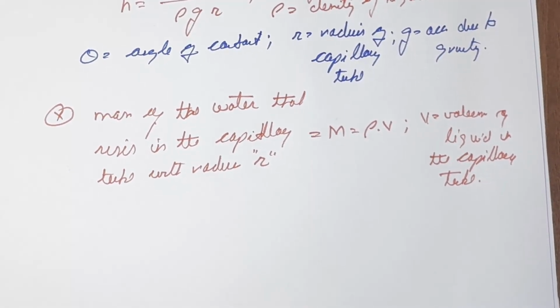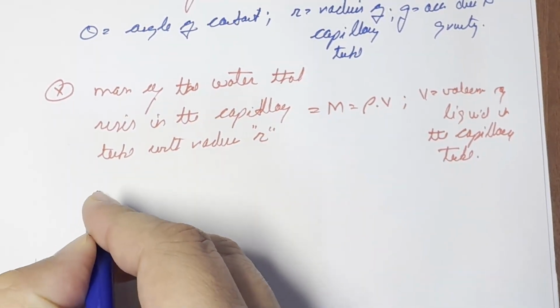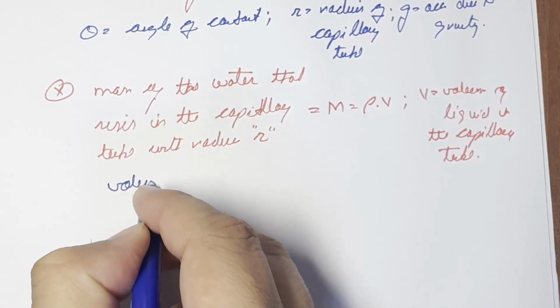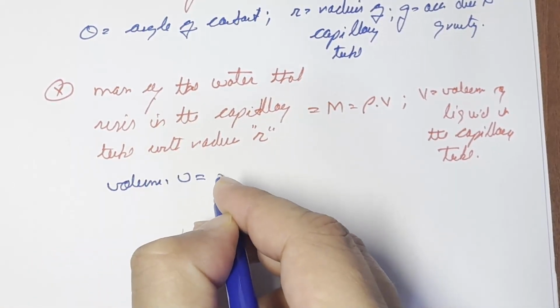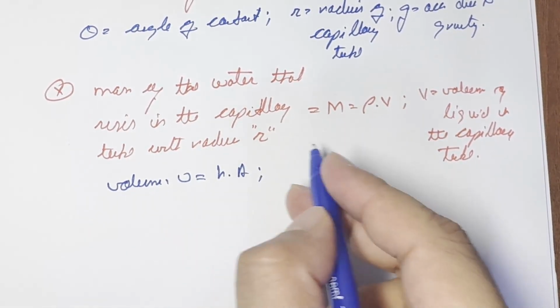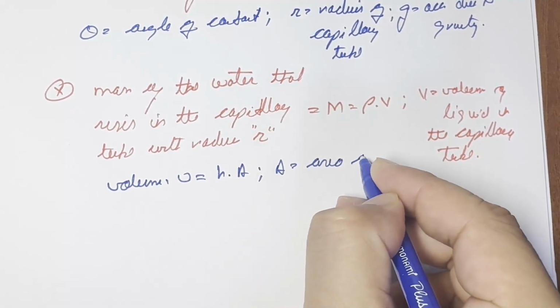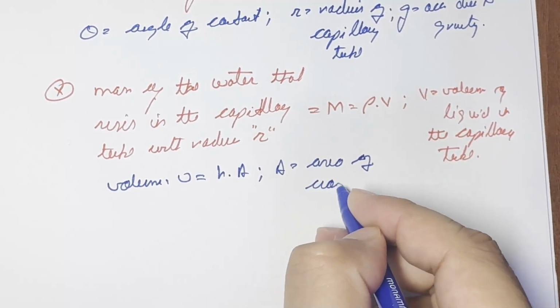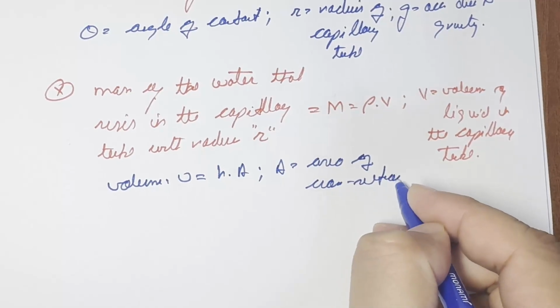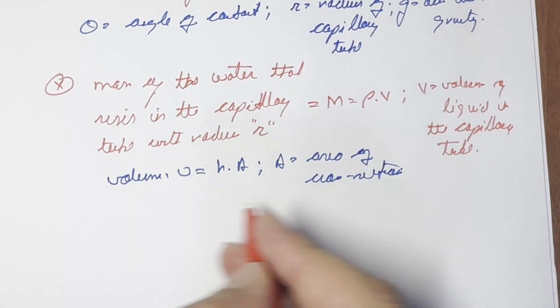Volume can be written as h into A, where A is the area of cross section, and h is the height through which the water rises.